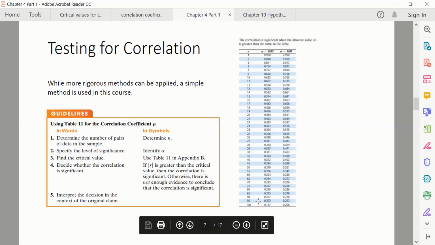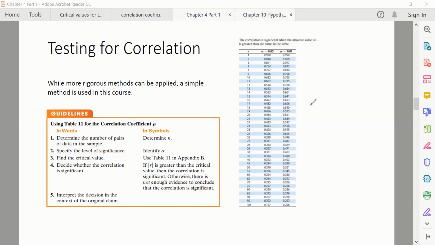The higher sample size you have, let me write it. So the higher sample size, the lower the critical value required for significance.